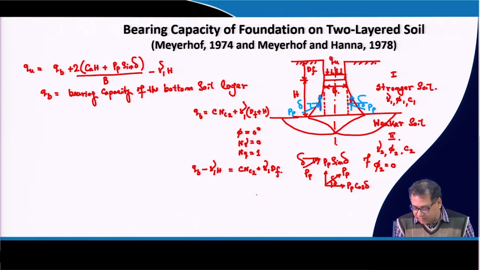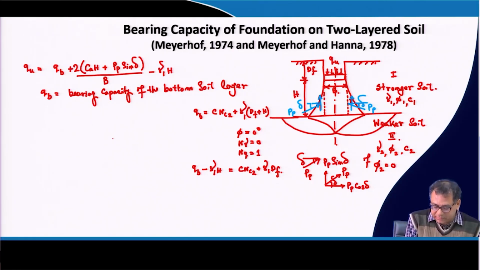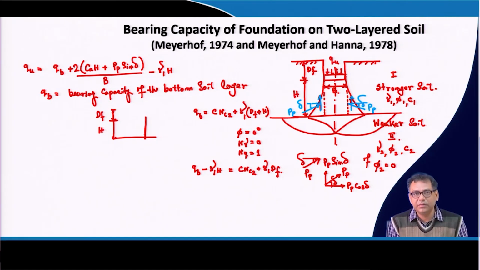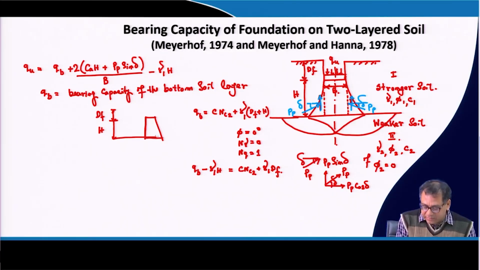So, this is my second layer and this is the first layer, and this is Df and this portion is h. Now, I have to calculate the passive resistance at this zone. The passive resistance will be something like that. This will be the passive resistance at this zone.